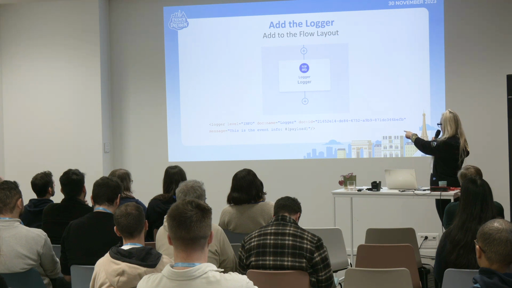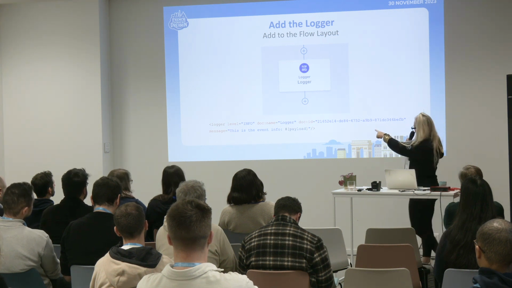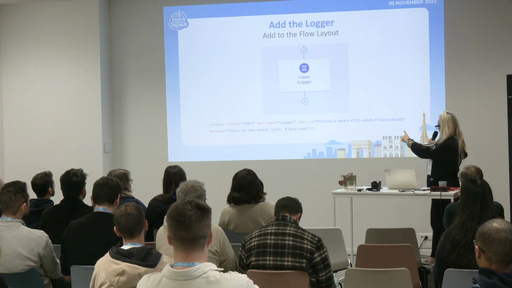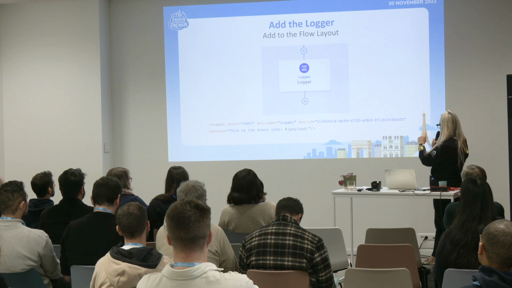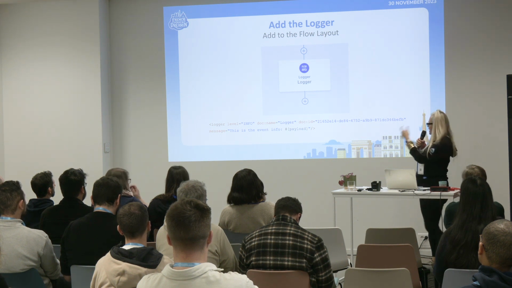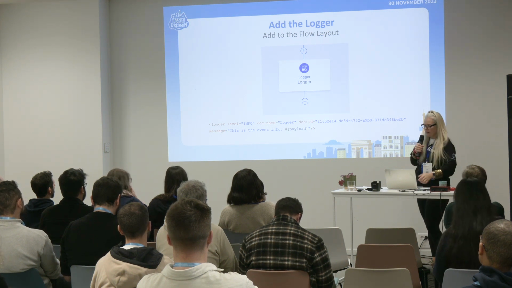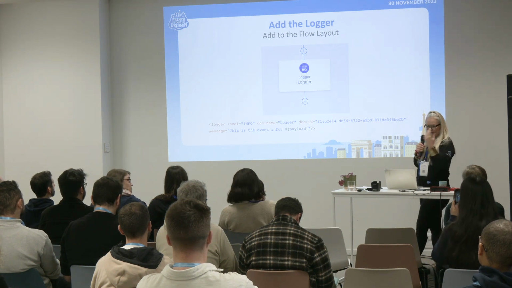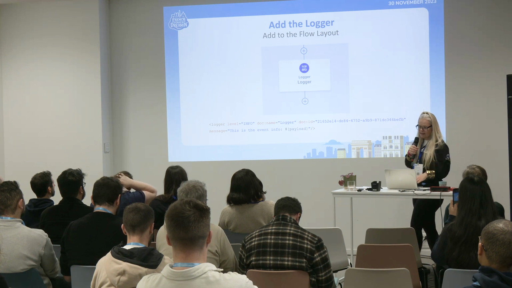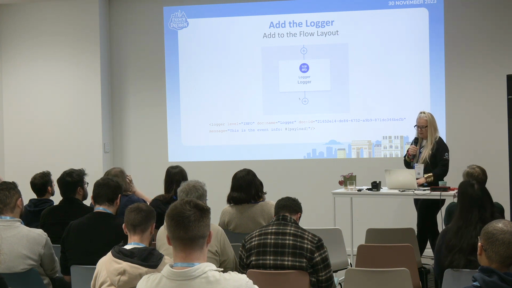The trick here is in the message, I have this is the event info, and then it's the hash, and then bracket, payload, and bracket. That's what's going to get your output to actually show in the logger window. And then once you get this working, you can add a connector to connect to another system. You can start transforming the data and parsing it out and doing all kinds of cool stuff with it.